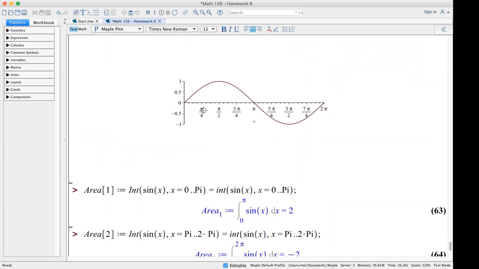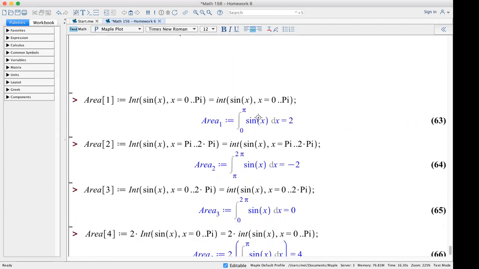Why? Because, well, 2 minus 2 is 0, and also the interpretation of a definite integral as an area is a signed area. It's plus or minus. Area above the curve is positive, area below is negative. So this area and this area are the same in absolute value, but because this is negative and this is positive, they cancel out.